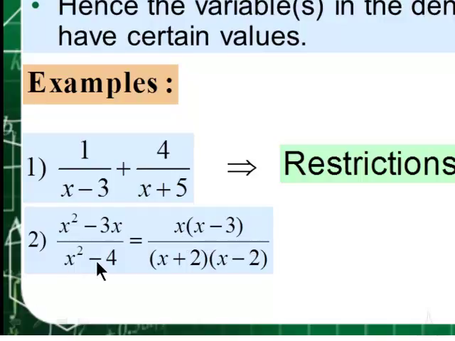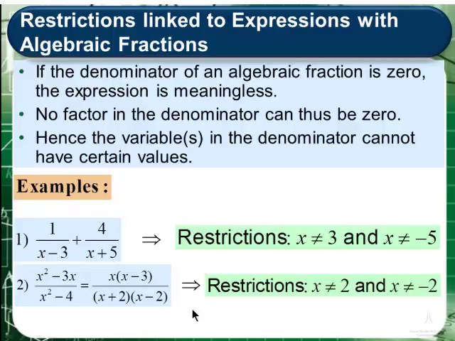Below the line, this really represents, as you can see, the difference between two squares, which can be factorized in this way. Now immediately I see that there are certain values for x that are not allowed for this expression to be valid. In this case, the restrictions will be x cannot be equal to 2, and at the same time x can also not be equal to minus 2. These two values are not allowed as part of the x variable for this particular expression.